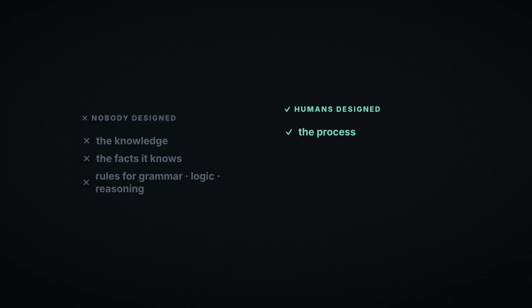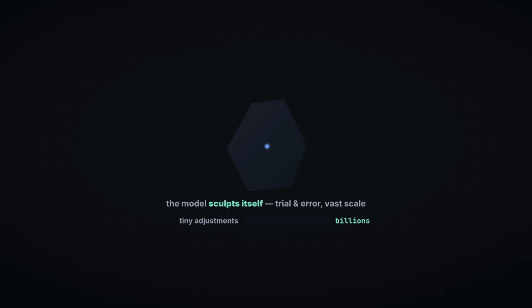What humans designed was the process, the game, the landscape, the method of walking downhill. And then they let the model sculpt itself through trial and error at a scale that is genuinely hard to comprehend. Billions of tiny adjustments across trillions of training examples repeated over months of compute.